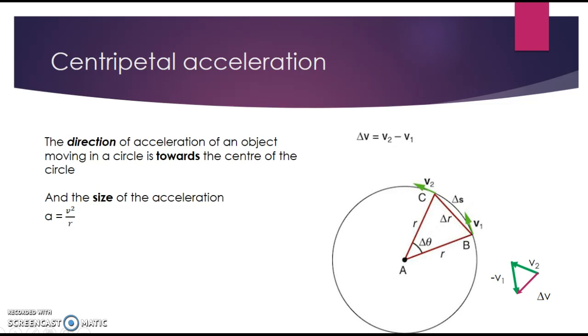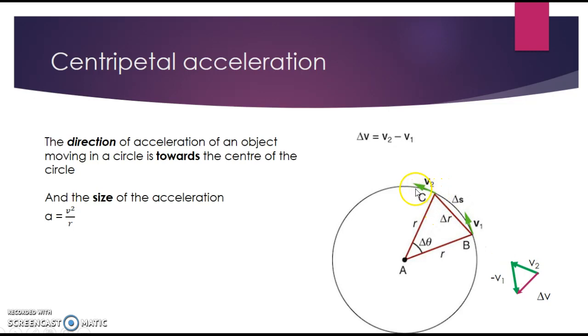And finally we'll look at the acceleration to find an equation for simple harmonic motion. But before we do that, let me remind you of centripetal acceleration and what that means. When an object's moving in a circle, remember that the direction of the acceleration is always towards the center of the circle. We can work that out because on the bottom here I've drawn these two vector diagrams.